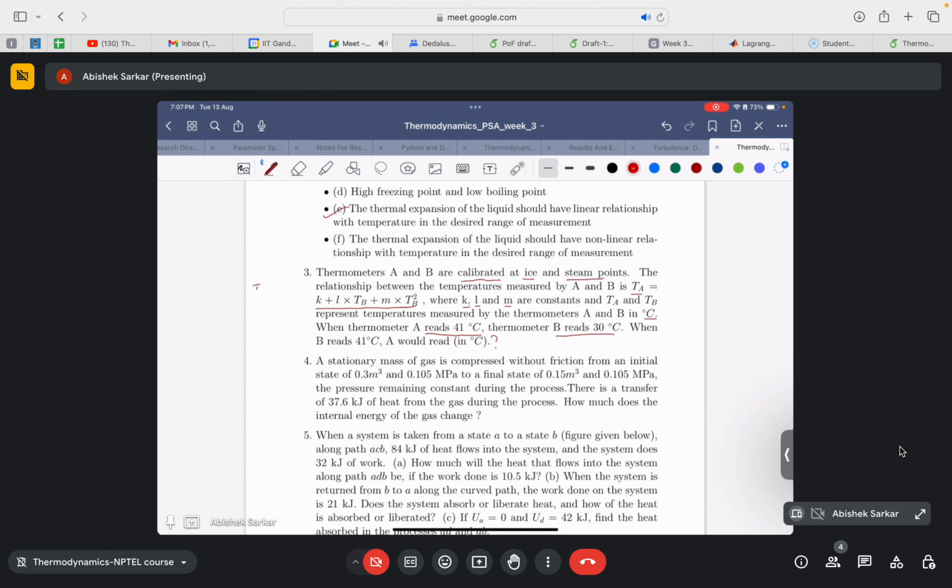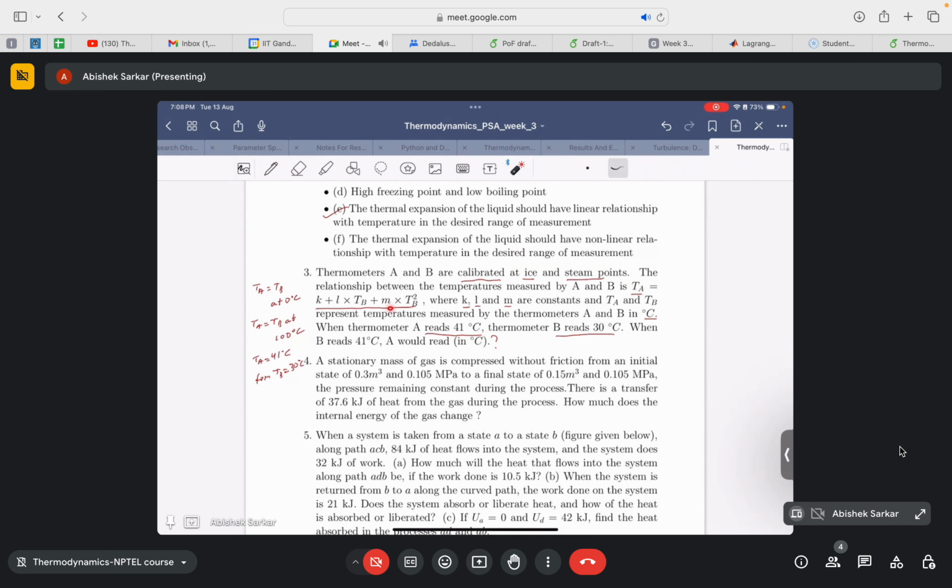So TA is equal to TB at 0 degrees Celsius, and TA is equal to TB at 100 degrees Celsius, and TA is equal to 41 for TB is equal to 30 degrees Celsius. So these are the three points at which you can find this equation.